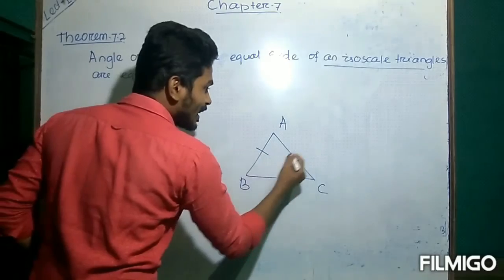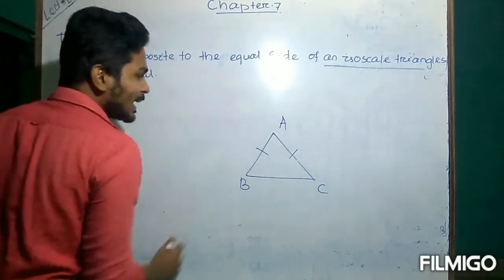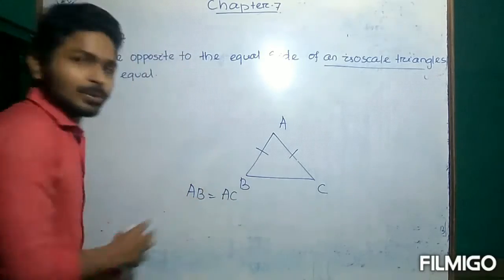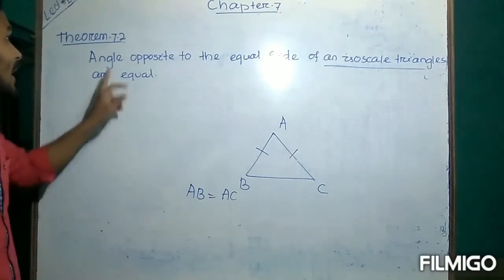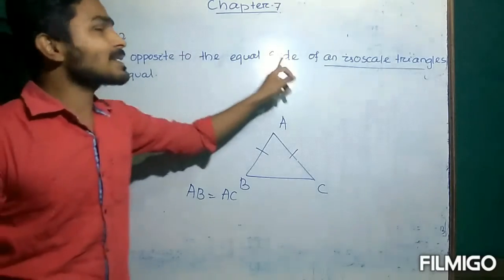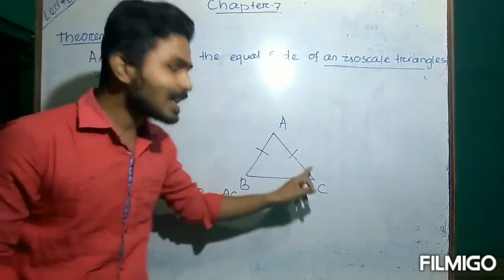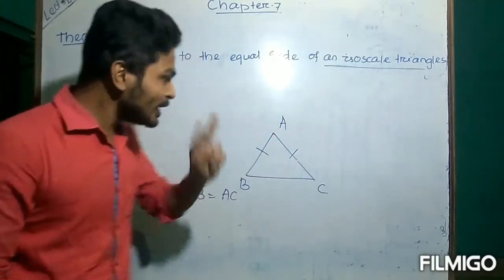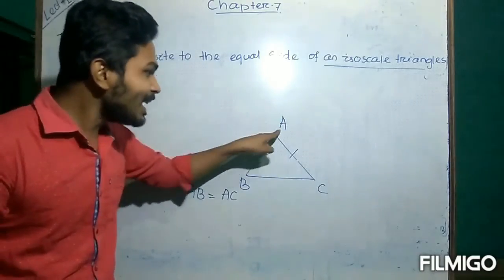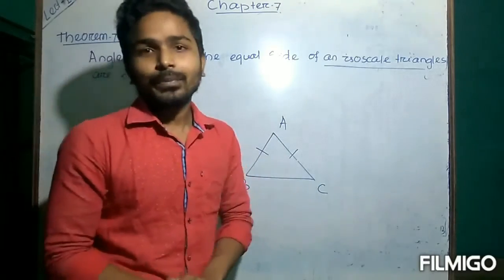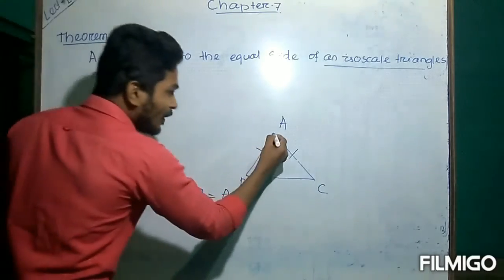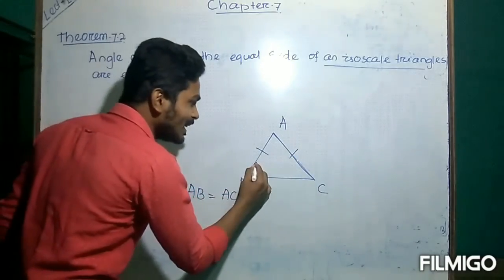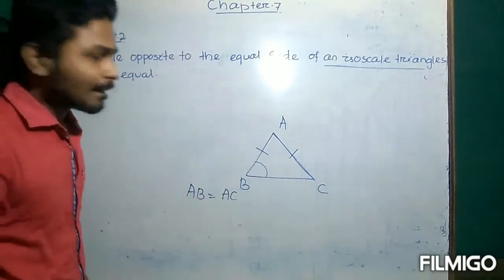Suppose it is an isosceles triangle, and in this triangle the two sides AB is equal to AC. Understood? Now it tells that angles opposite to the equal sides, since AB and AC are the equal sides, we have to find two angles which are opposite to this side and opposite to this side. Then tell me, if AC is a side of this triangle, then its opposite angle will be this one.